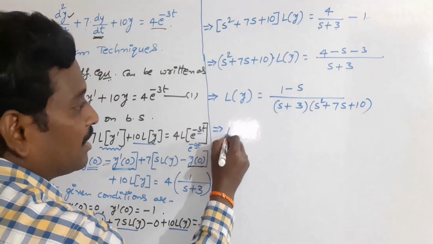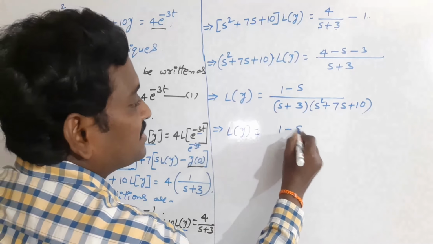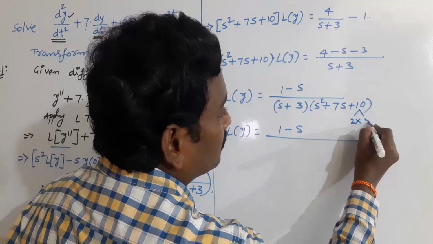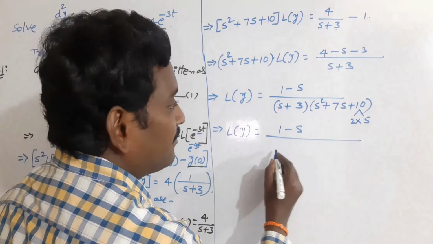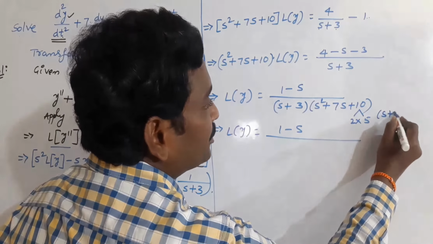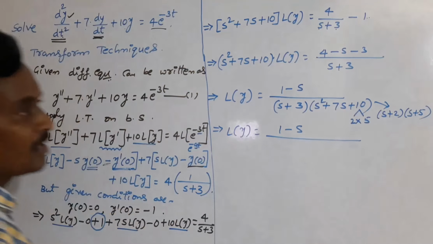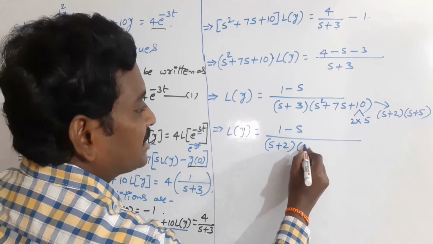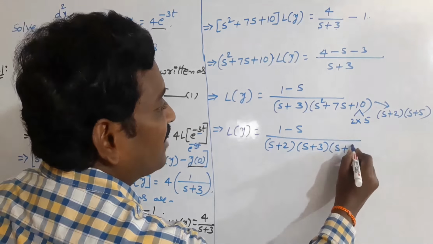So L of y is equal to 1 minus s whole by, clearly we observe that this quadratic term has two linear factors. 2 times 5 is 10, 2 plus 5 is 7. That's why I will write s plus 2 into s plus 5. These are the linear factors of this quadratic term. So I will write the denominator as s plus 2 into s plus 3 into s plus 5.